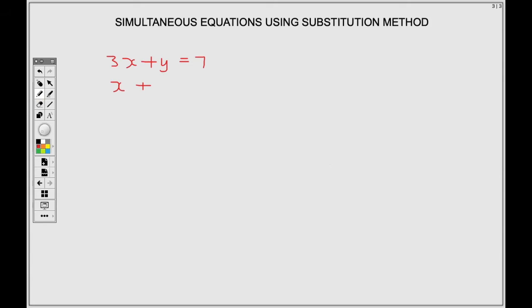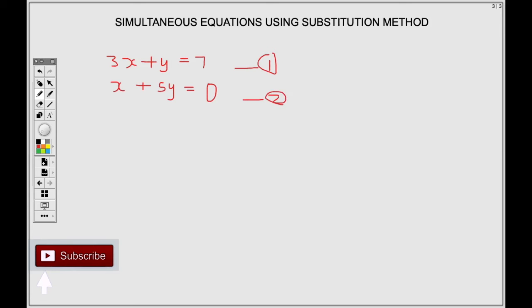Now let us look at this next example where we're going to use substitution method to solve this equation. So here we have the first one, we'll assign it to be equation 1, while the second equation will be equation 2. For the second equation, I'm going to make x the subject.